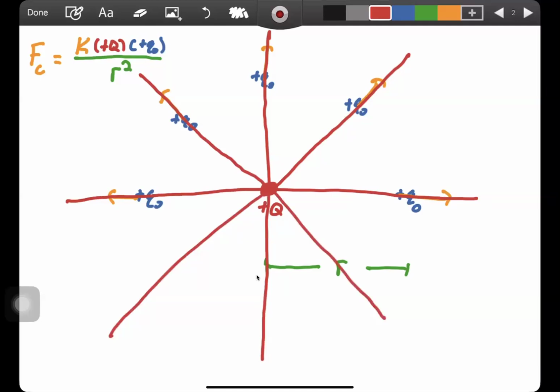I'll also put some little arrows in here to suggest that at these different locations, that's the direction the Coulomb force would be. So what I have just drawn in here is an electric field. And that electric field is due to the original plus Q charge in the middle. Okay, I'll actually put the electric field due to plus Q.